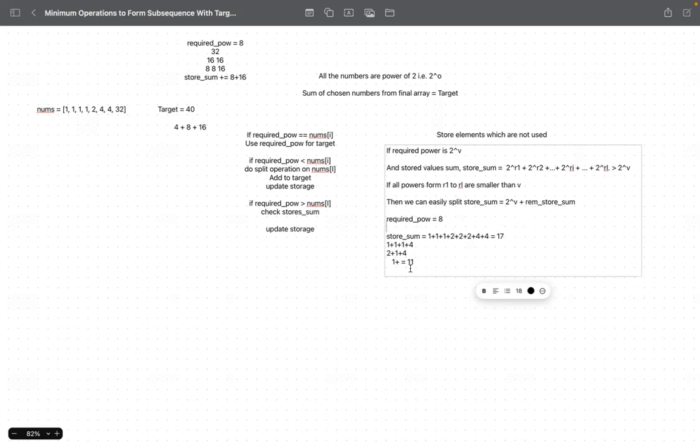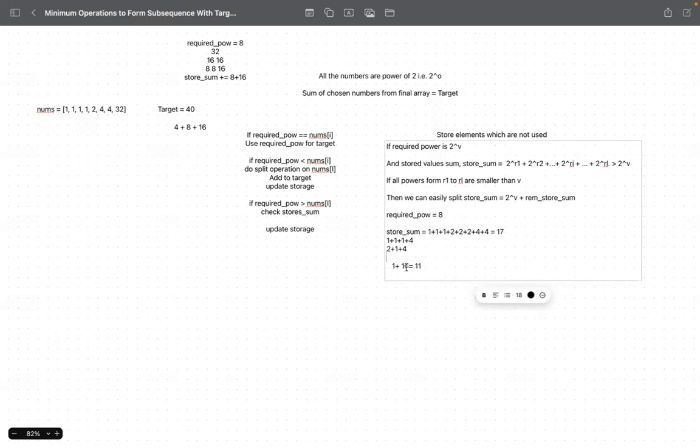So in case you're doing something mischievous, you are doing 1 plus 16, and from 1 plus 16, if you're removing 8, then this is not possible, right? Because you can either split into 1 and 16, or I think there is no other possibility other than splitting 1 and 16.